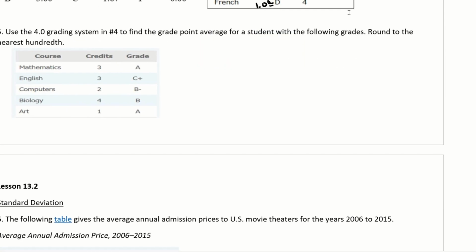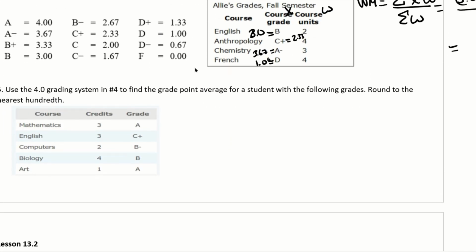Number 5: use the 4.0 grading scale system from number 4 to find the GPA. We're just going to use the same scale. Here we have an A, which is 4.00, C plus is 2.33, B minus 2.67, 3.0, and then 4.0. Again, we do the same thing to find the GPA.